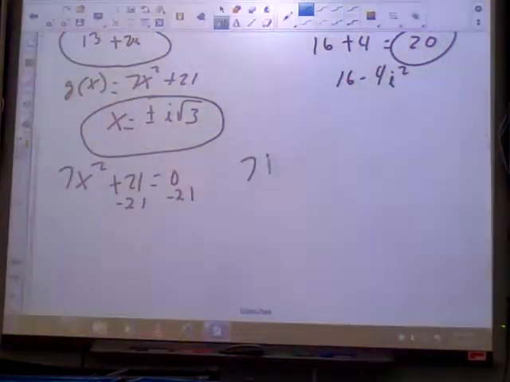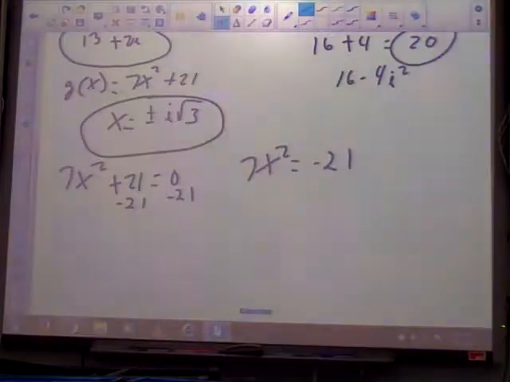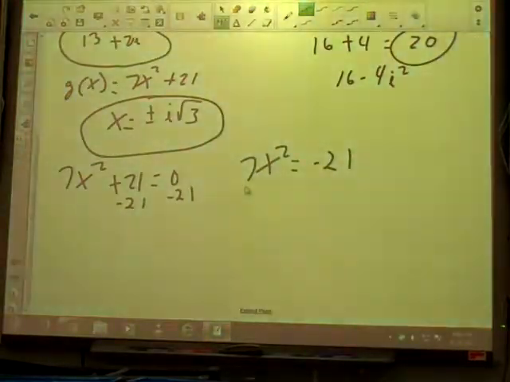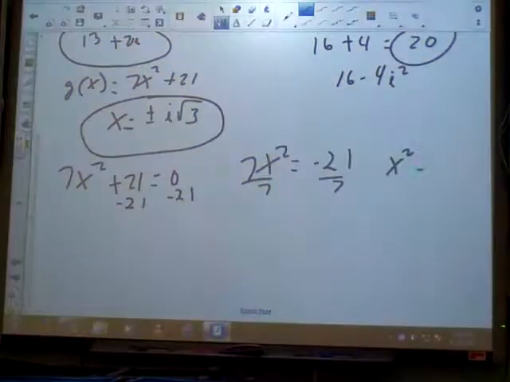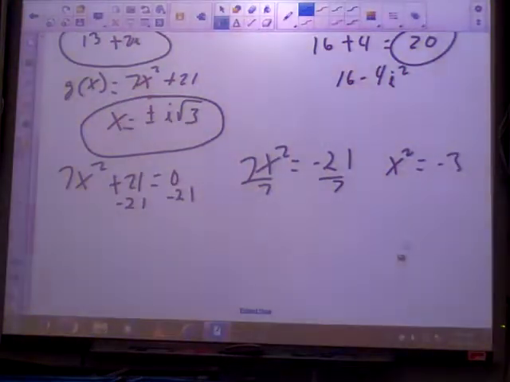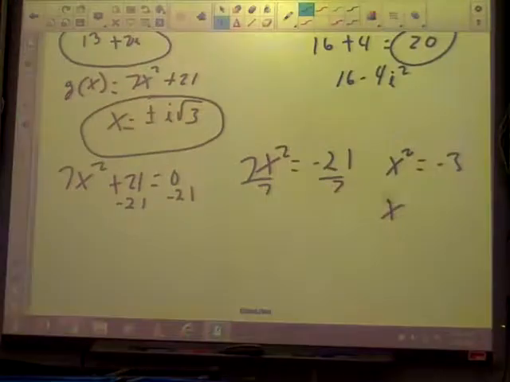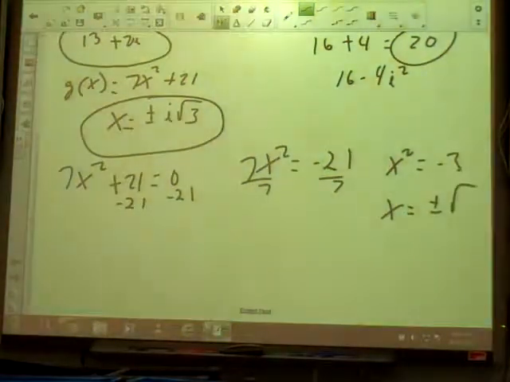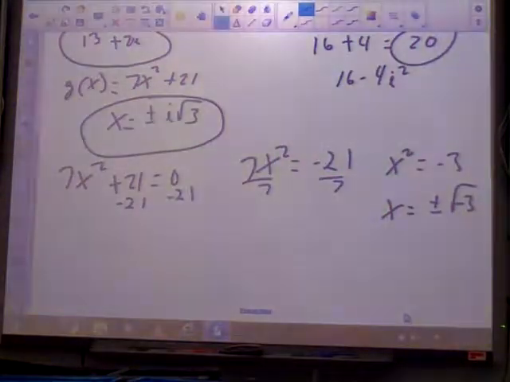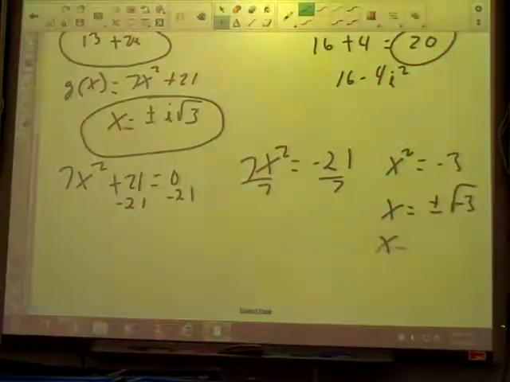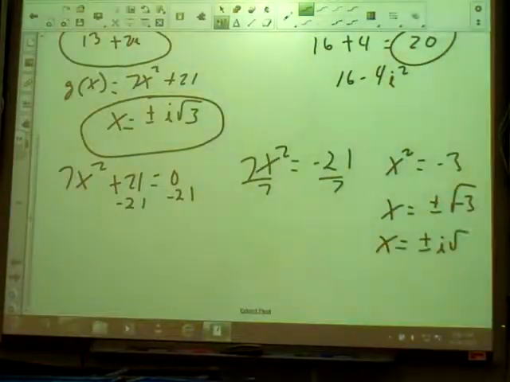So that would get us 7x squared is negative 21. Then we would divide by 7. So that gets us x squared is negative 3. Undo the square by square rooting. So x is a positive or negative square root of negative 3. 3 doesn't have a perfect square in it. It won't break down, but there is a negative underneath there. So the negative gets to come out and be an i. And the 3 stays in.